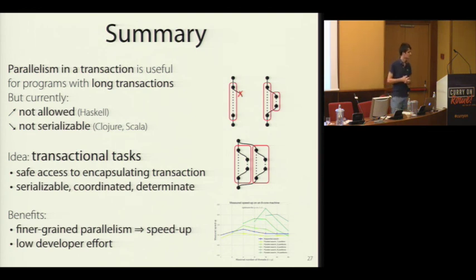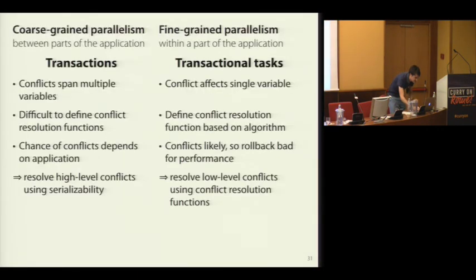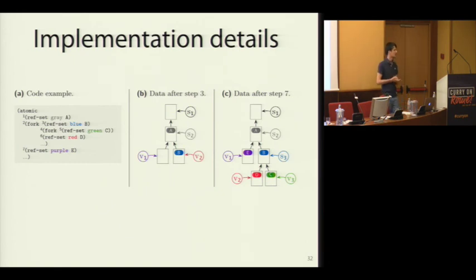Can you elaborate just briefly on how you implement this efficiently, and is it a significant departure from what Clojure already did? So I changed how Clojure keeps track of all transactional variables that are modified in a transaction.